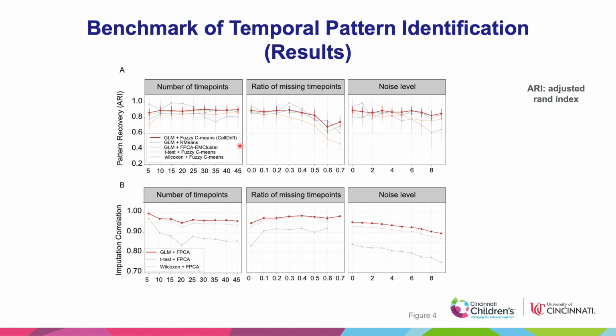Our result shows that our strategy of CellDrift, which consists of the result from the generalized linear model and the clustering method called Fast Fuzzy C-means, always achieves the most robust and very good performance in identifying temporal patterns or in imputation of missing time points.